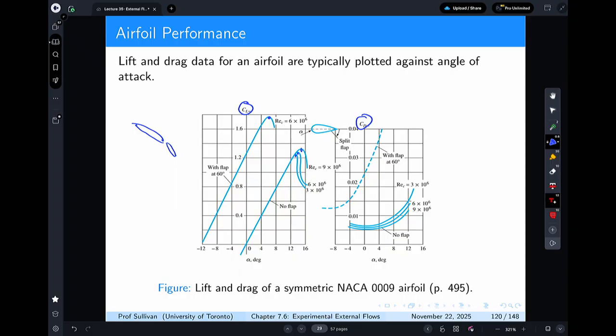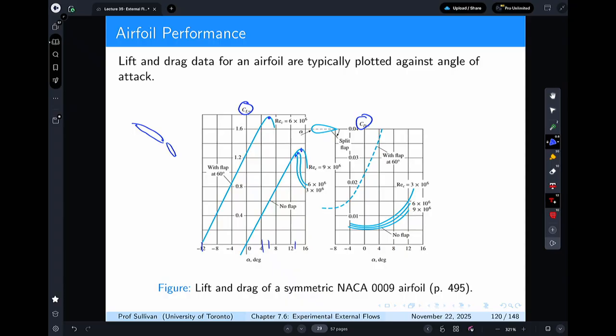Now in those cases you can see you reach a maximum, and with a flap you have an angle of attack of roughly 2 degrees, but the flap essentially extends it to -12, so you have 14 degrees of operation versus roughly 14 degrees, the same sort of distance in terms of, well, that's 5 to -12, so 17 degrees versus 14 degrees, 13, 14 degrees.